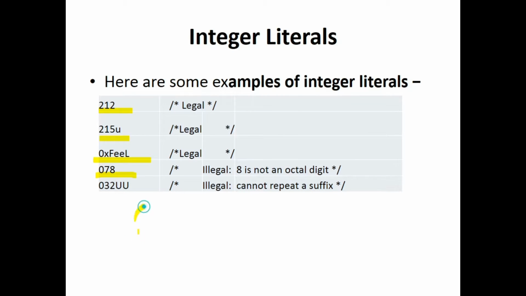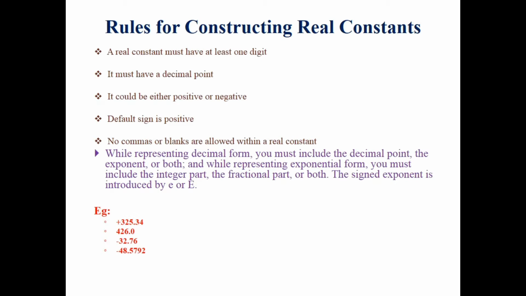Because whenever you type a 0 first, whatever you type after that is considered an octal number. So if you type 76, that will be correct. In an octal number, each digit should be between 0 and 7. So this will not be accepted.